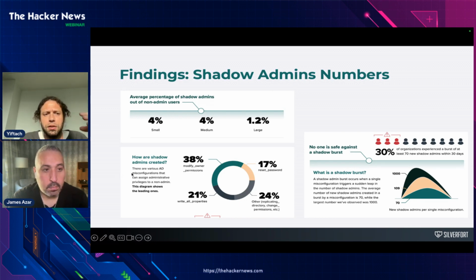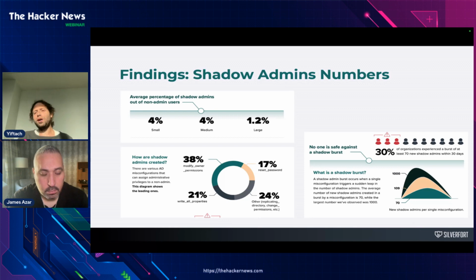These types of shadow admins are created by having privileges assigned to them, like modify owner permissions or reset password, or properties, or any other, like replicating directory changes, permissions, etc. And I think what is the most scary about these shadow admins is, remember what we said before about the 109 shadow admins that are created by a single misconfiguration.